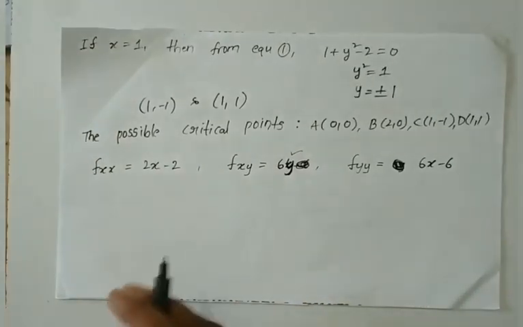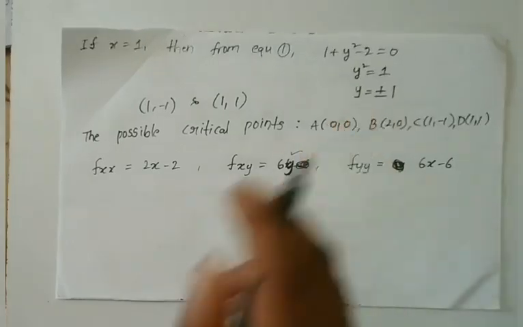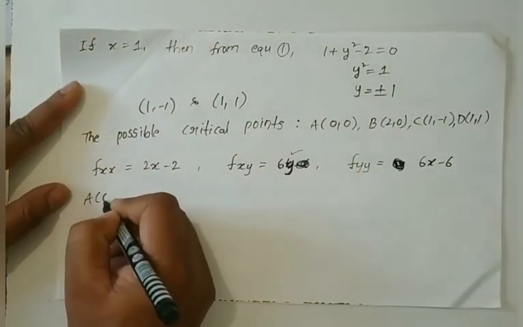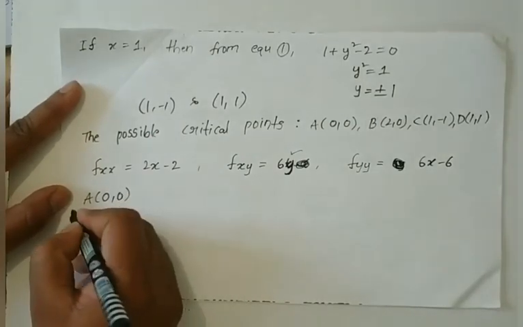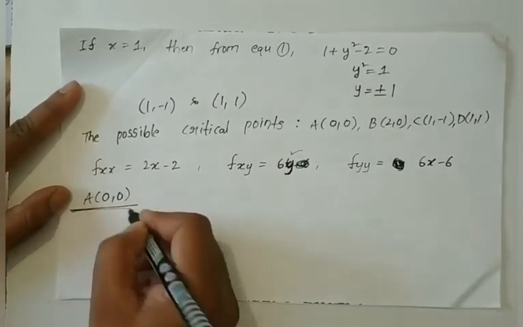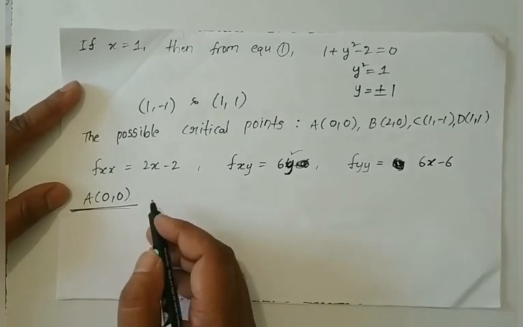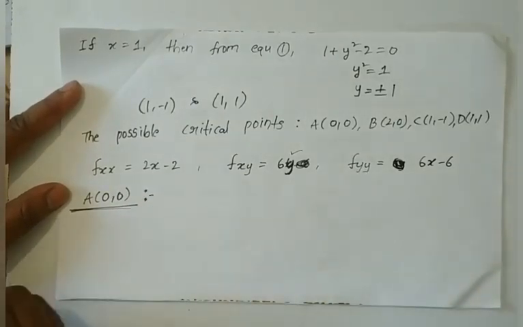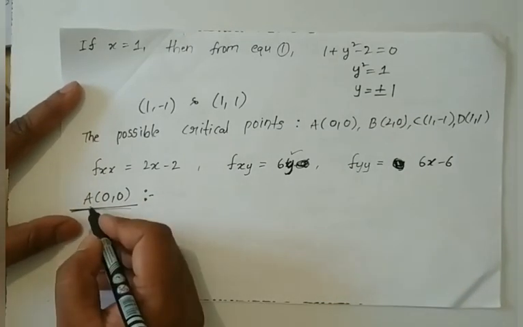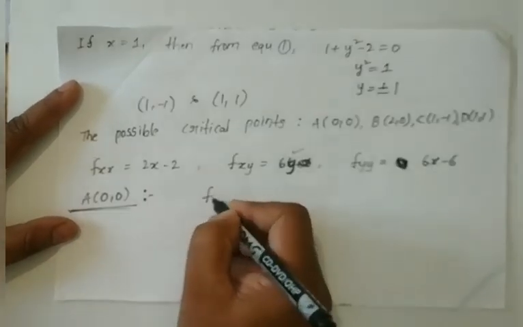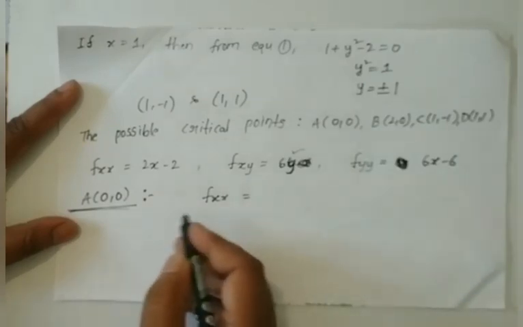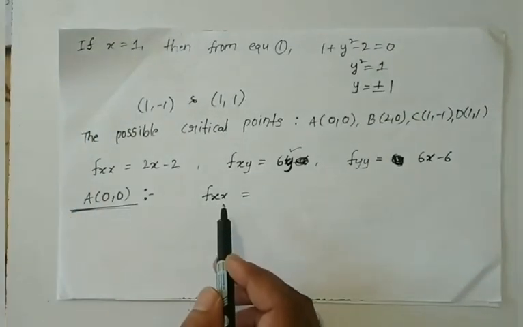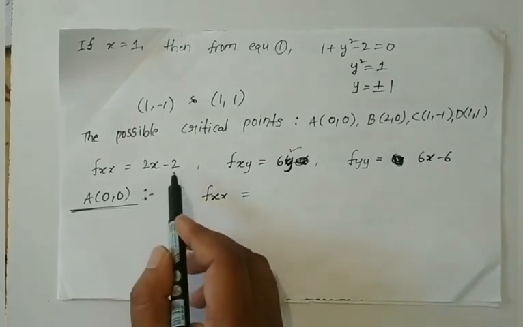Now let us take the point A, which is (0, 0). Very important. Now tell me at the point (0, 0), what is fxx?